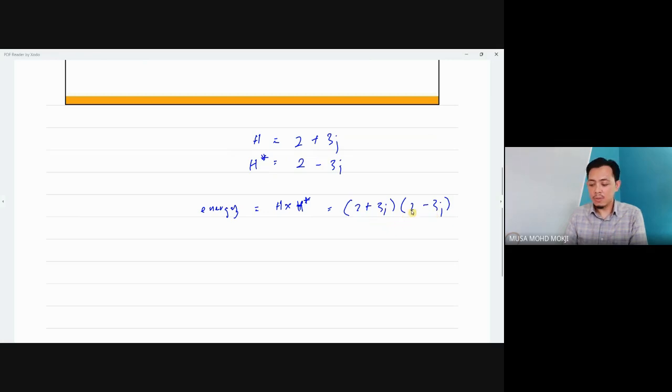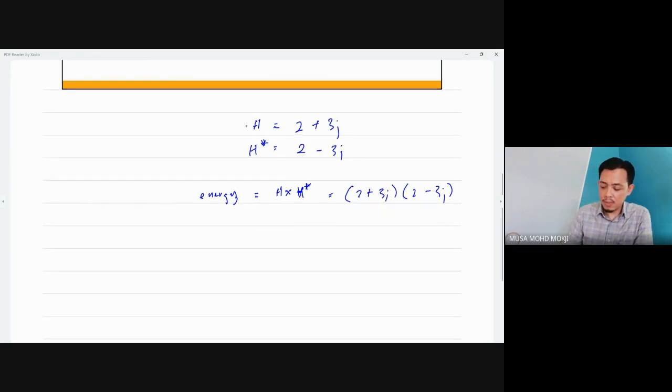So why do we do that? Because we want to cancel out the imaginary parts. This is just 4 minus 6j plus 6j minus 3j times j, which is minus 9.